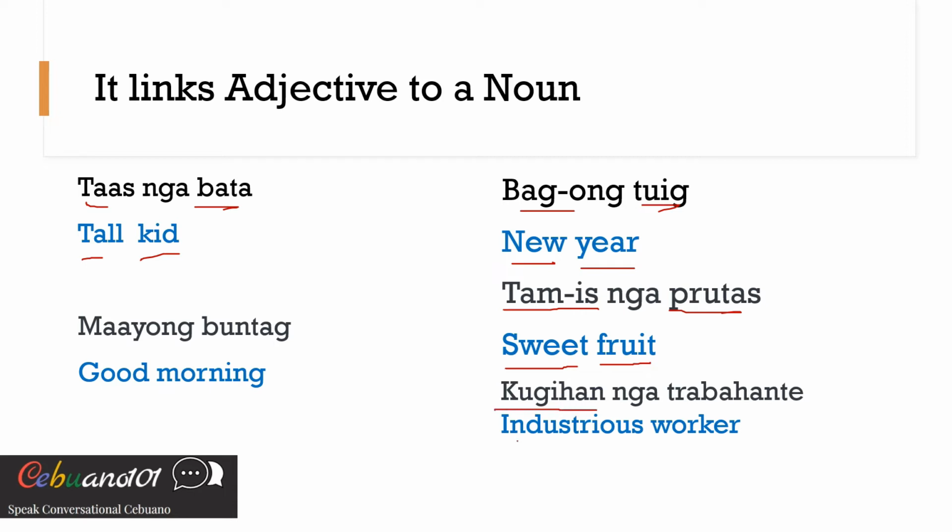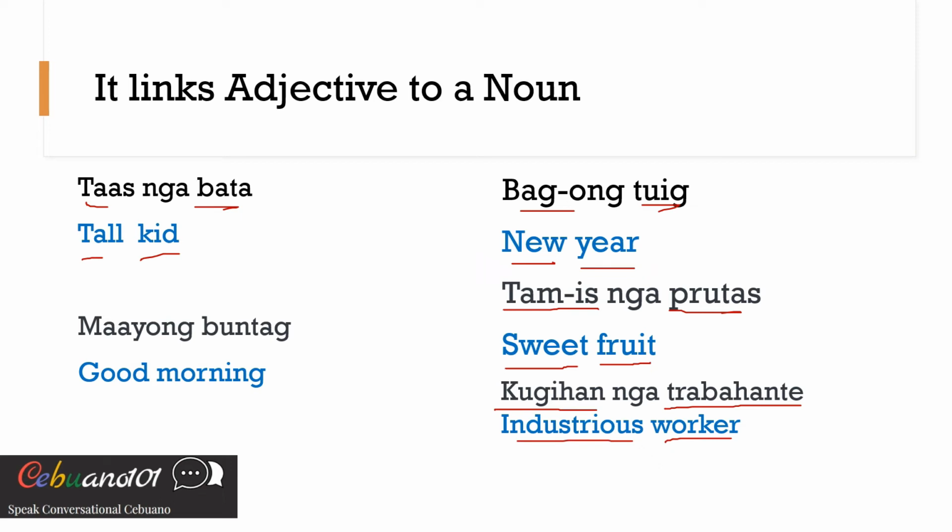Or someone who is a workaholic. And trabahante, it's a borrowed Spanish term. So basically, trabahante is a worker, or employees. So, kugihan nga trabahante means industrious worker.